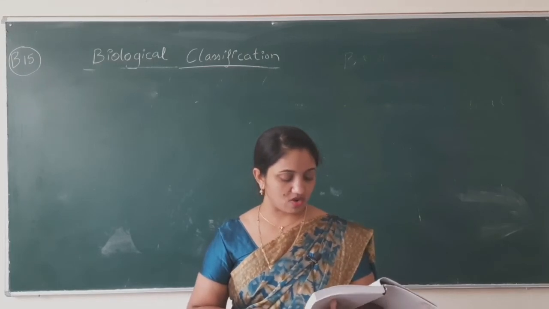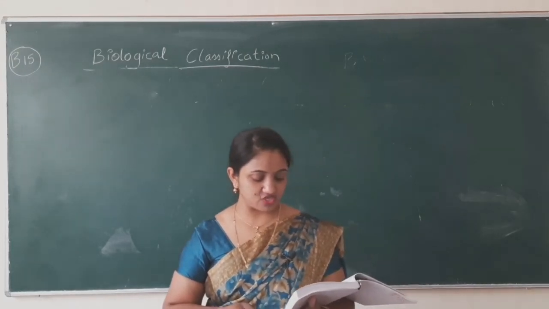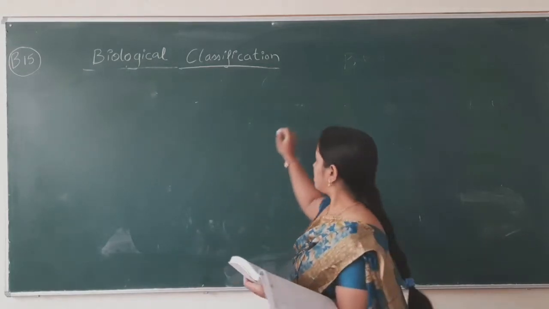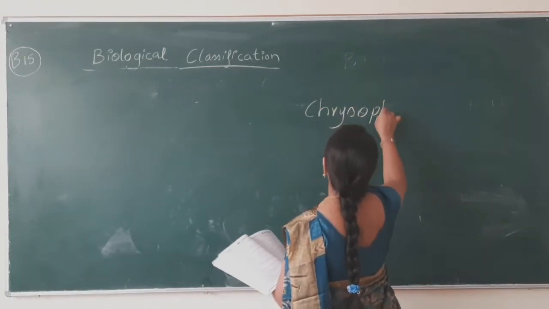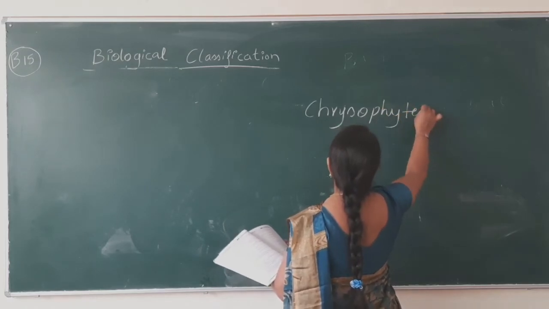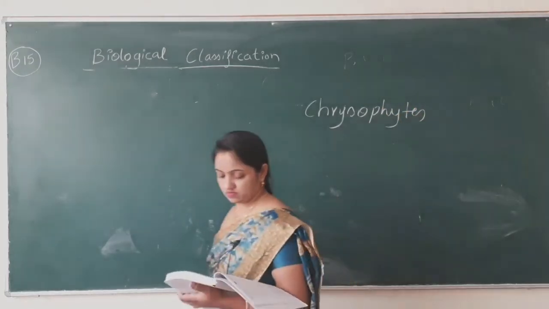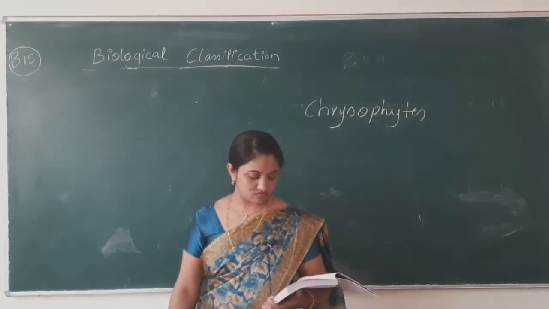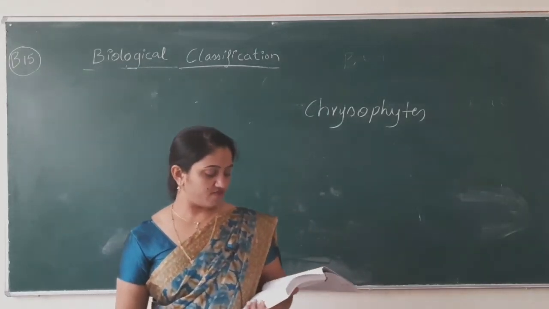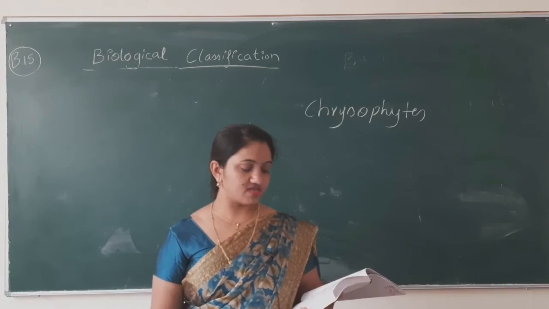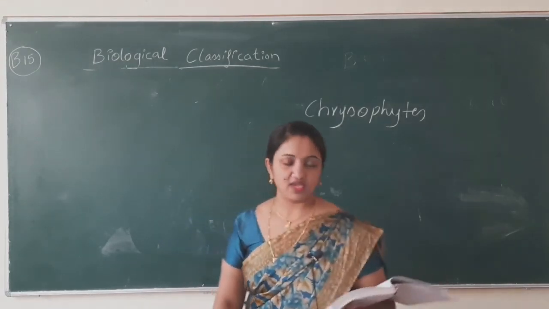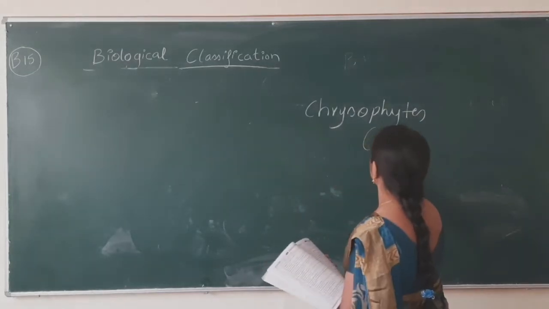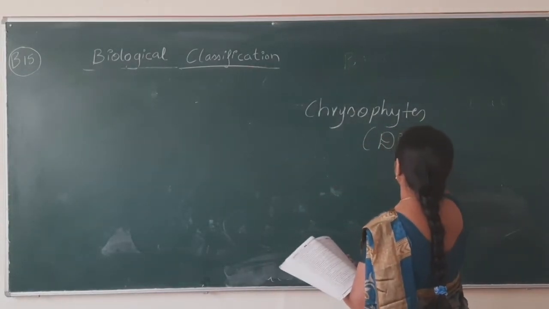Name the chemical component of the cell wall of chrysophytes. The walls of chrysophytes, in bracket if you want you can write diatoms.